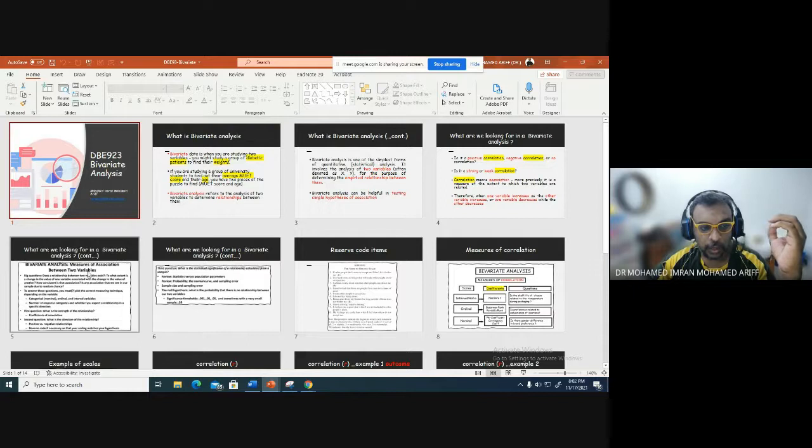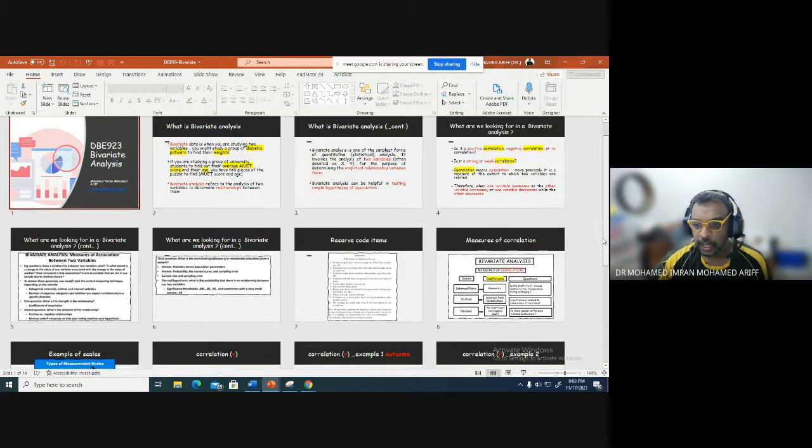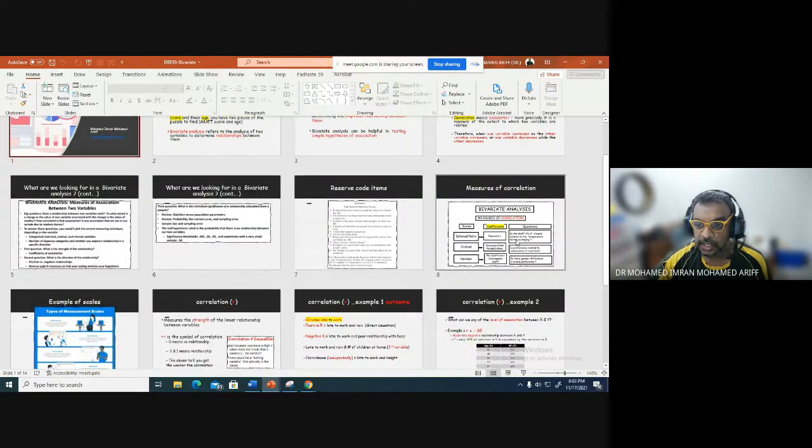And then we are also looking at what questions, how do we get our data, how do we process bivariate analysis. Then we are going to look at certain terms that are linked to bivariate analysis, reverse coded items, and then we are also going to understand, this is the most important part, how do you want to do bivariate analysis.